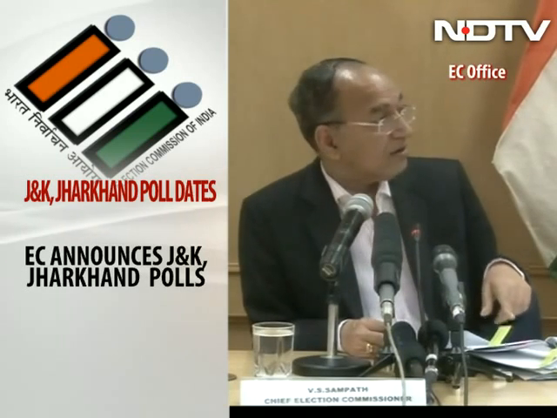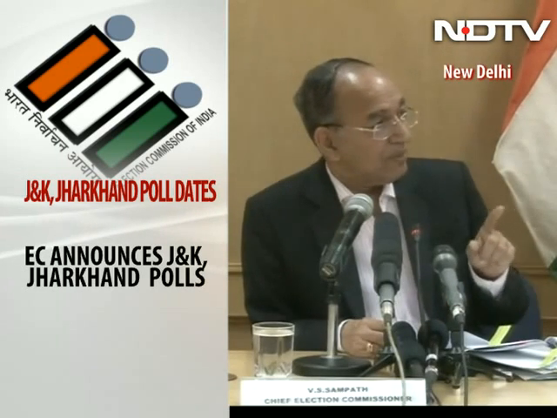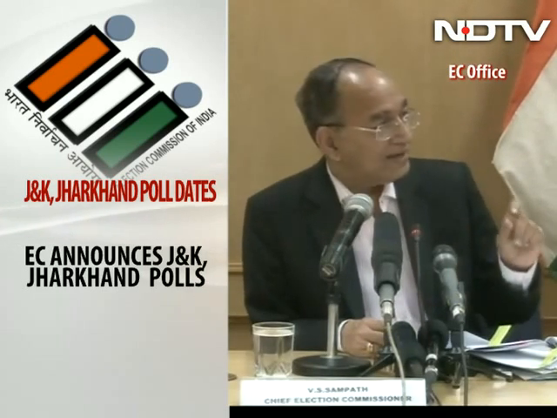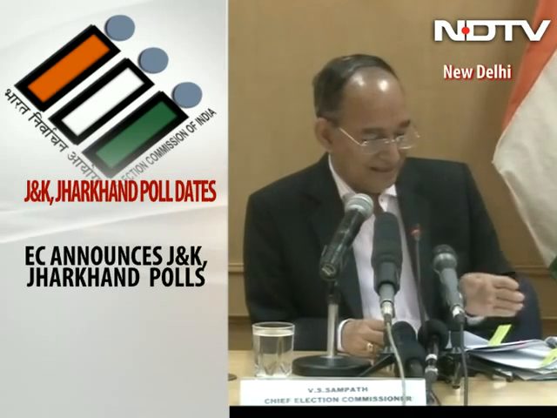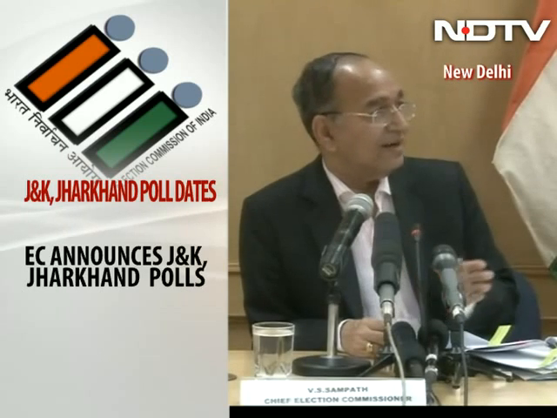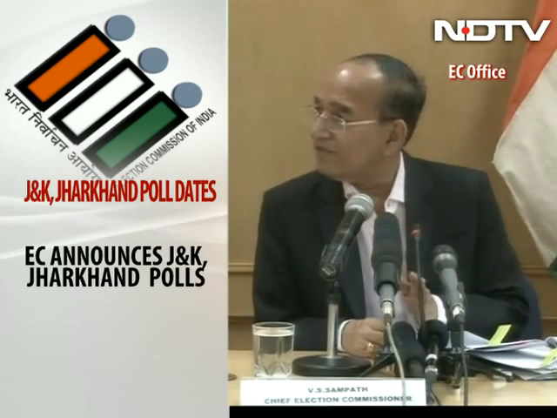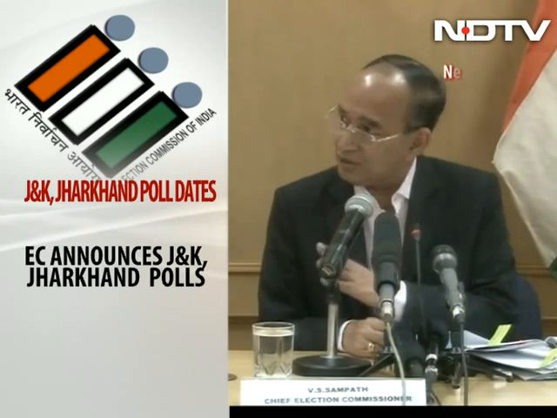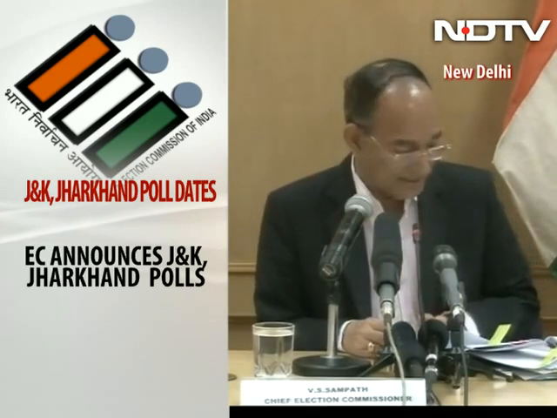The reason for not doing it on 28th for Jharkhand is 28th October is a public holiday under Negotiable Instruments Act in Jharkhand. So we have made that only one variation. Subject to that variation, the schedule which I am going to read for each phase is common for both the states and for Delhi 3 assembly constituencies, as I have already mentioned to you.